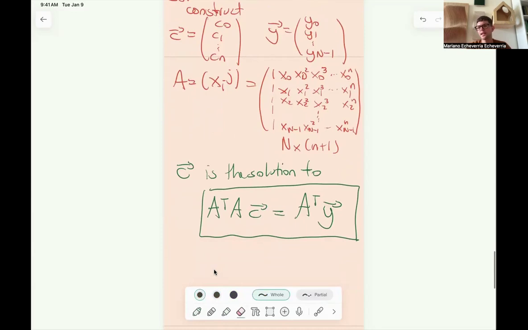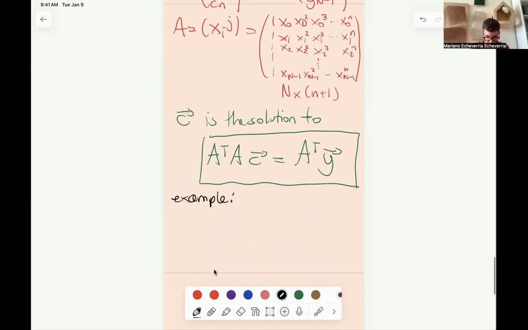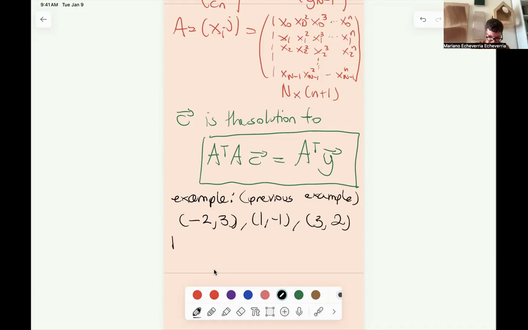Okay, so first example, the 3 points that we were talking about. So example 1, with the 3 points that it gave you. This is like the previous example. I had 3 points, so my big N in this case is 3 because that's the number of points.